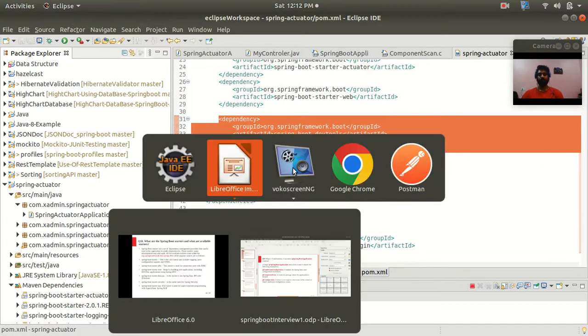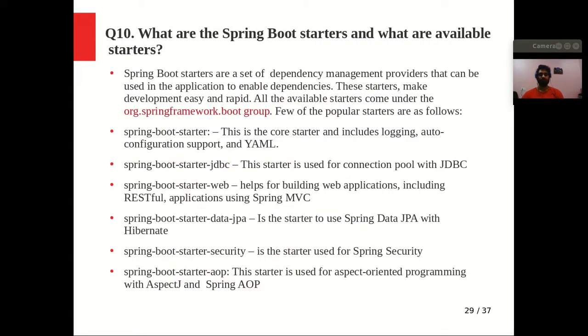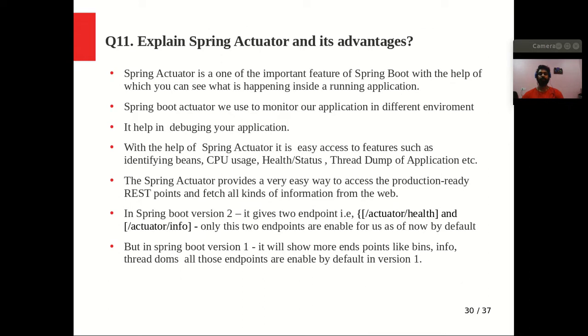Now let's move to our next question: explain Spring Boot actuator and its advantages. Basically, Spring Boot actuator is one of the components of Spring Boot by which we can check the status of our application or project, or we can monitor the application in a different environment.